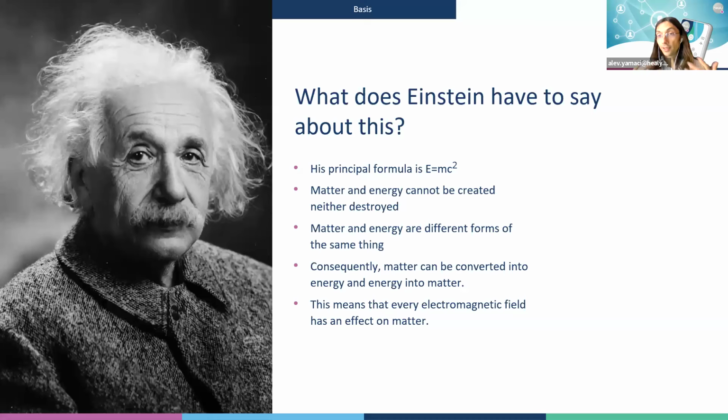At the end of the day, whatever energy you have in the world, whether it's visible light, warmth, or an electromagnetic wave, it doesn't vanish. When it hits something, a molecule, your body, it is converted to something else, and this is then converted to something else again. So it's never lost. And of course, this also means that energy or magnetic fields can influence our bodies, which are matter at the end of the day.